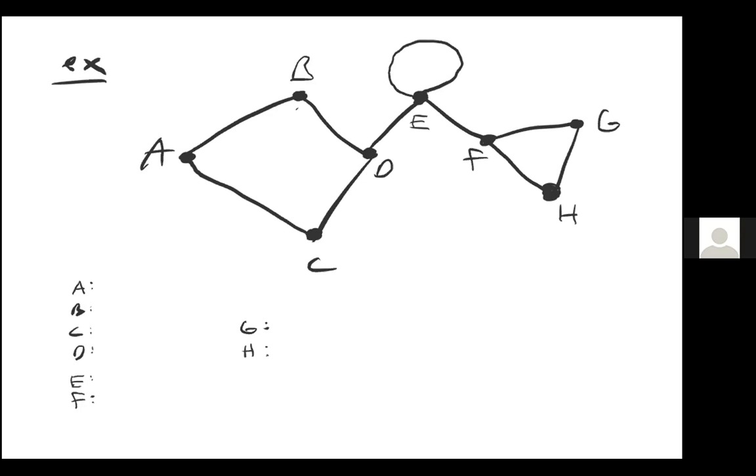So let's look at whether or not the vertices are odd or even. Well, it looks like A is even because there's two edges coming out of it. C is even because there's two coming out of it.